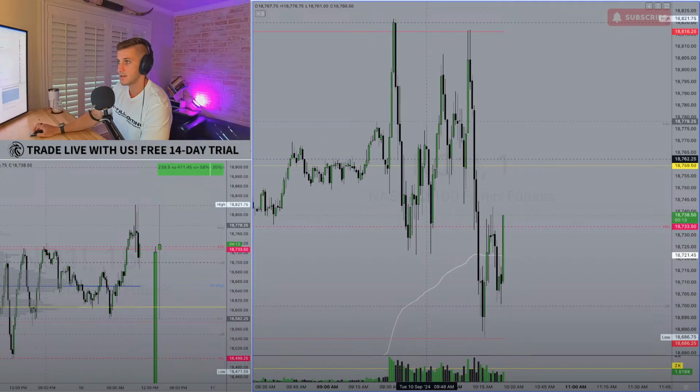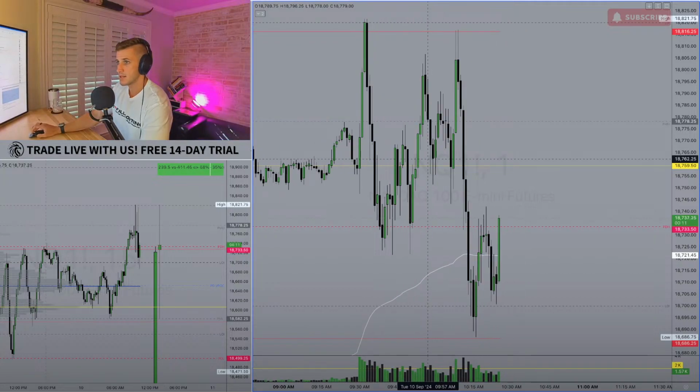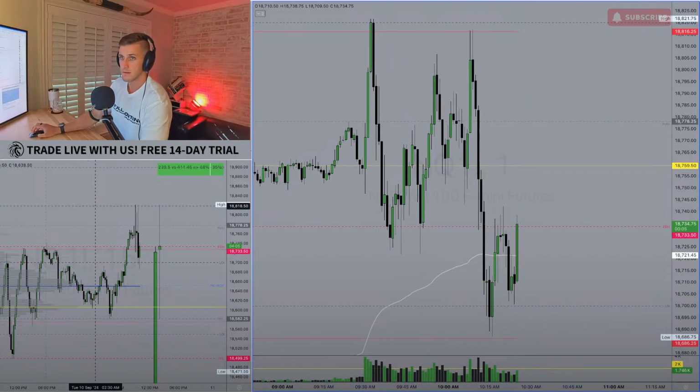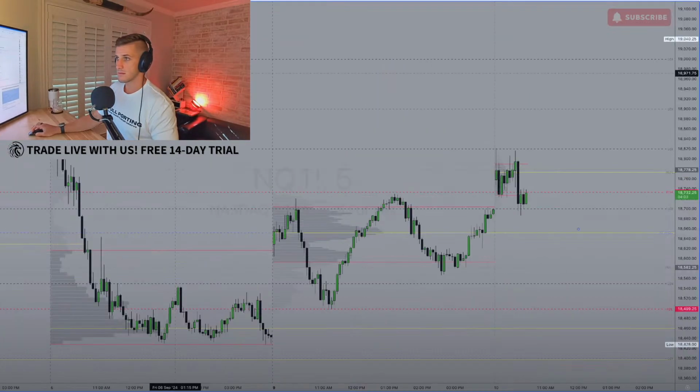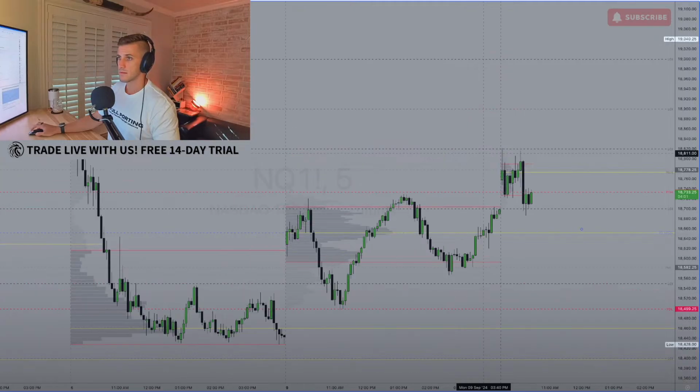Oh, there we go, NQ. That actually looks better for buyers. Let's see if prior day high can hold now. See if this 5 minute can kind of break high. There it goes. Now we want to see that hold.